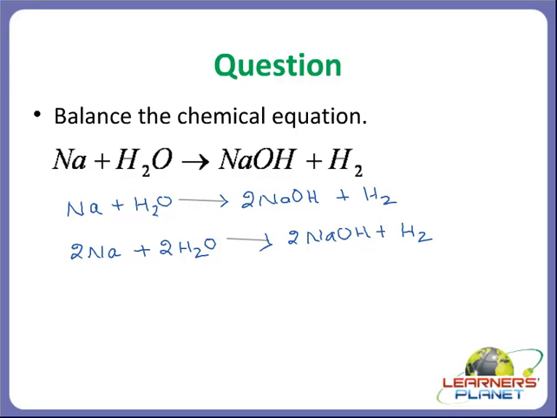Is our equation balanced? Check out. 2Na, 2Na, 4 hydrogen, 2 hydrogen of NaOH and 2 of H2. Okay, 2 oxygen and 2 oxygen. So now our equation is balanced. Okay.